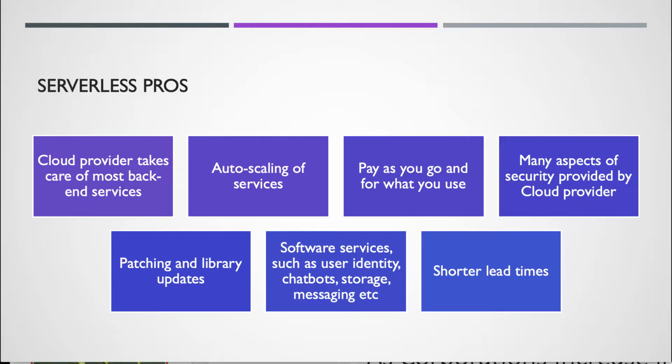And because you're building on these large blocks of services that are coupled together by these Lambda functions or Google functions, Azure functions, that leads to shorter development time for getting your ideas into production.